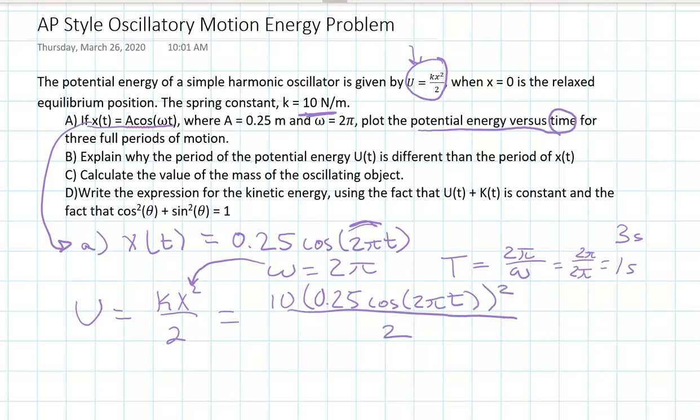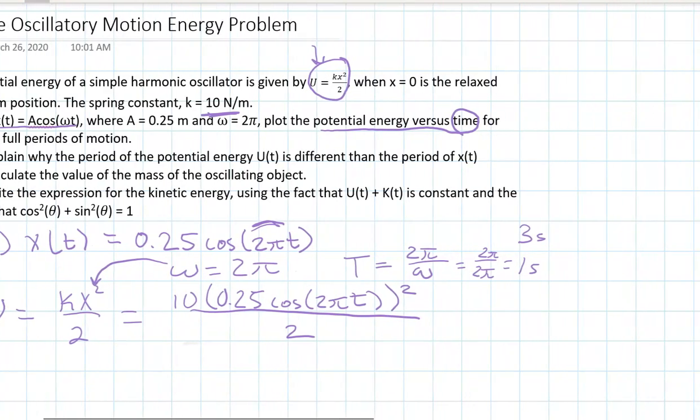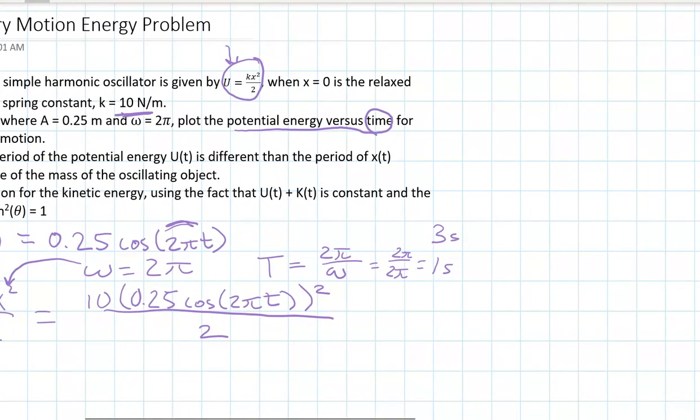So this is our energy as a function of time, but we should definitely simplify it so that it is easier to plot. First, I know that 10 divided by 2 is 5. Then I want to simplify this part by distributing the squared to both the 0.25 and the whole cosine function.